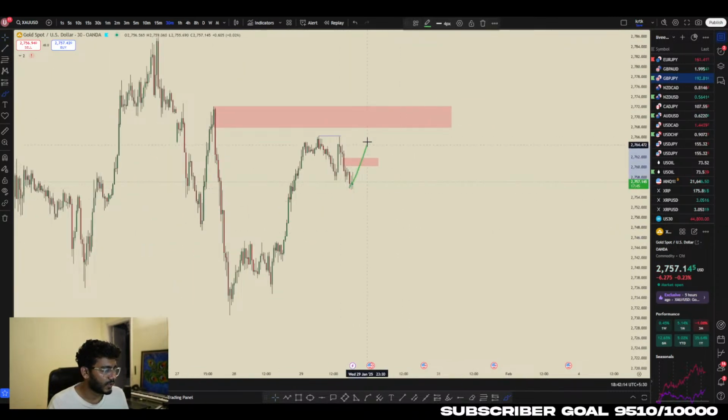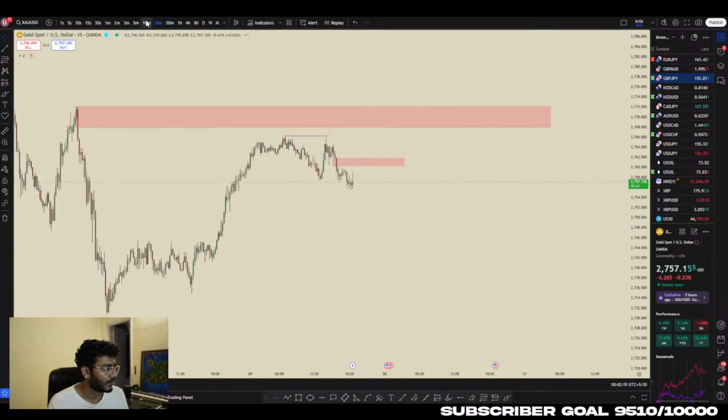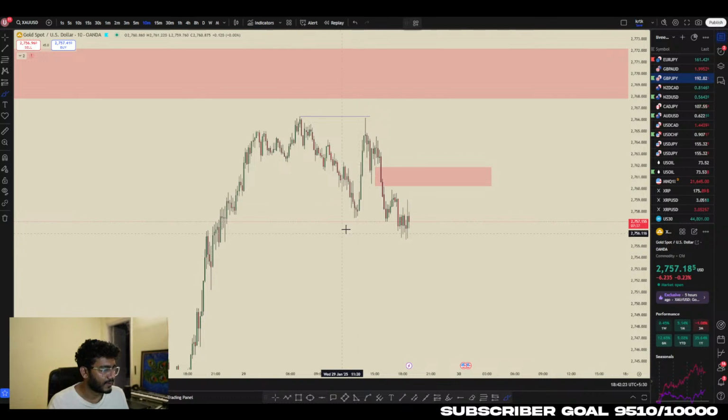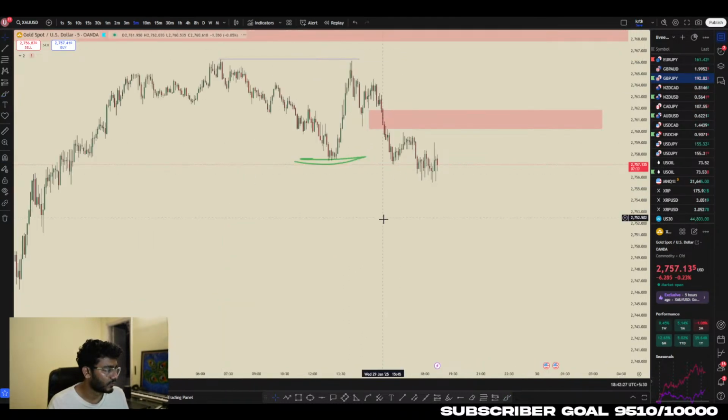I'm waiting for price to react from this order block to the downside. Right now, I think price created this low and it will be swept. So let's go to a lower time frame.